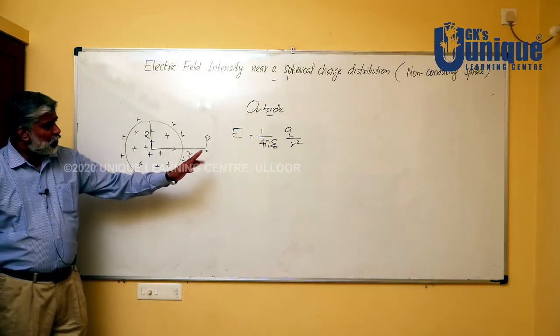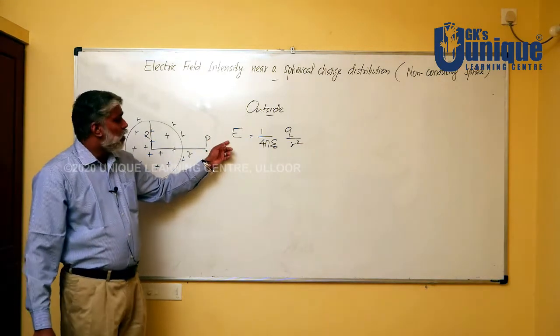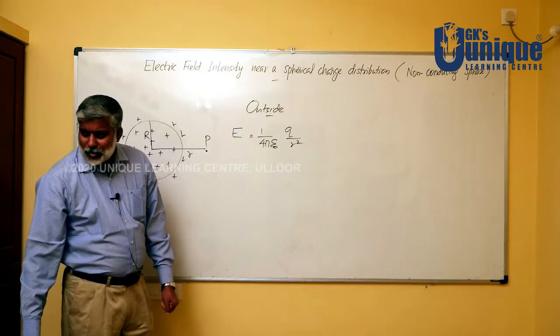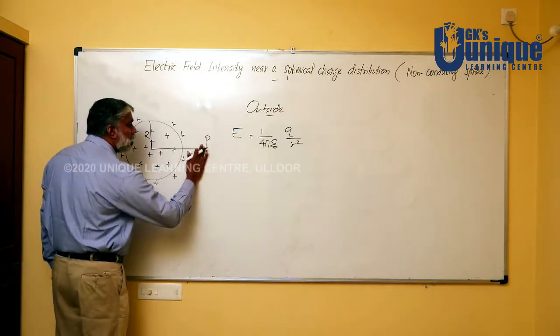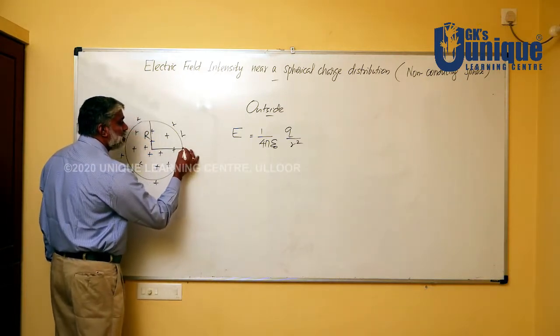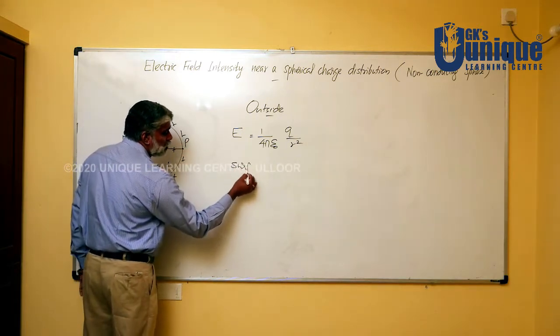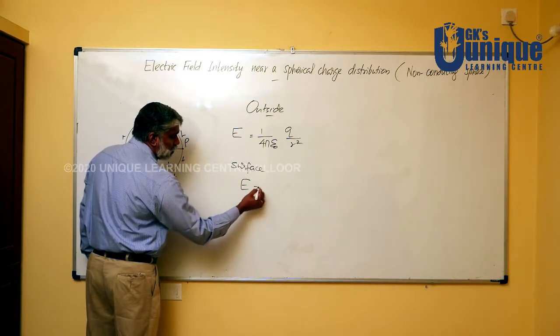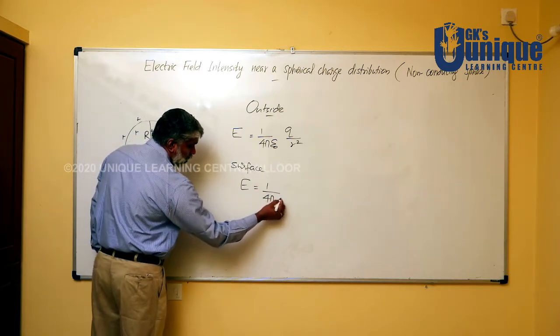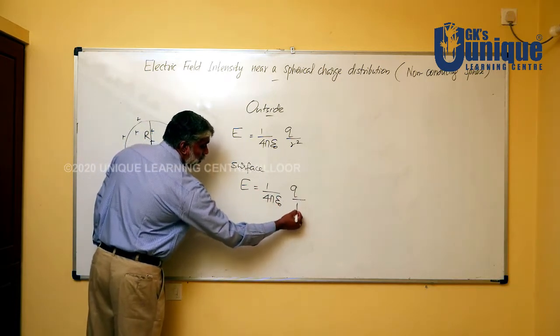So keep in mind, you can by heart the equation 1 by 4 pi epsilon 0 q by small r square. Then if point P is on the surface, the electric field is equal to 1 by 4 pi epsilon 0 q by capital R square.